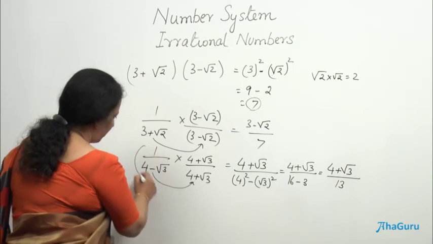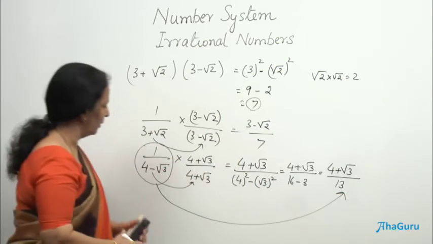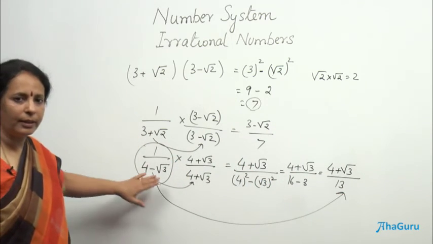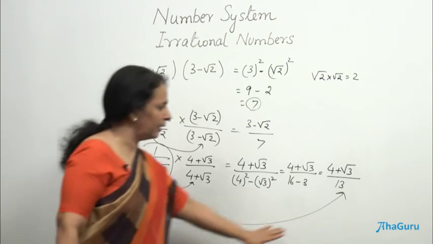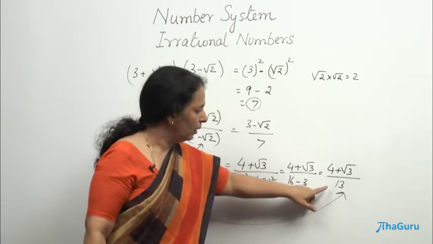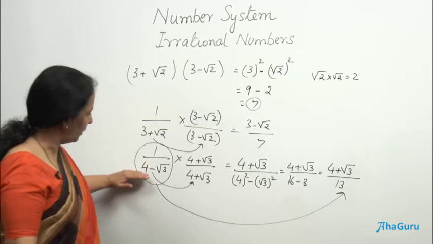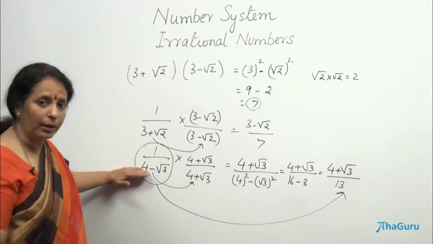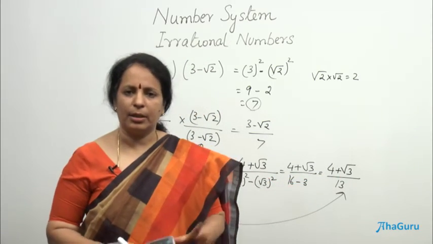So, look at this fraction which we started with and see where it has gone. This fraction with an irrational denominator has been converted into another fraction of the same value, with the denominator being rational. So, this process of converting the denominator from irrational into rational is known as rationalization of the denominator.